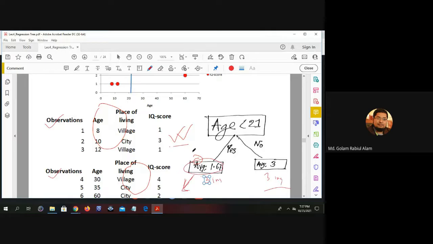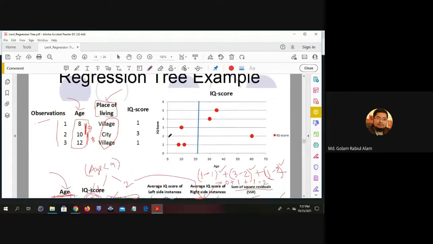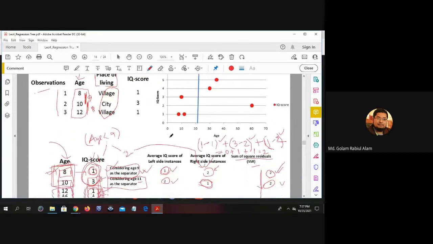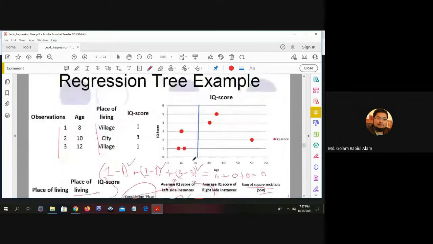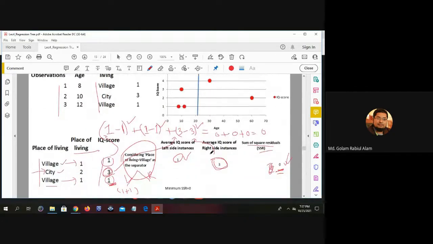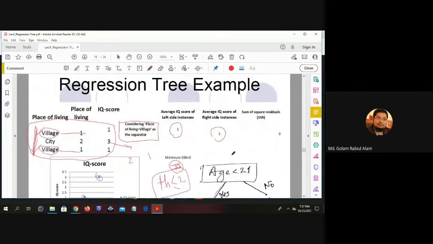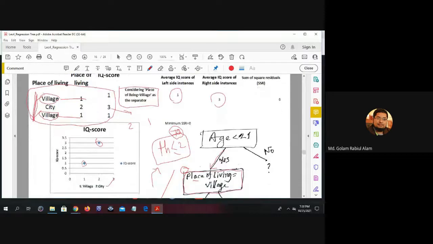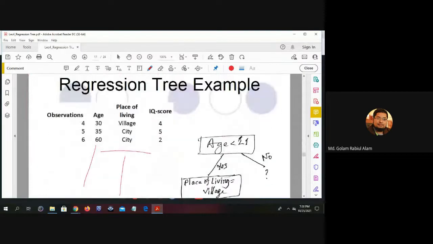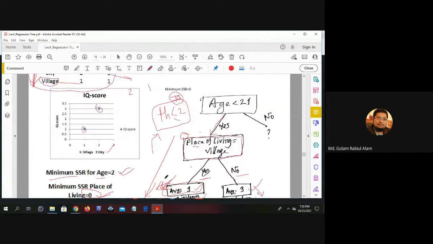So if the threshold is 3, then I can stop here. But in my case, I use the threshold 2. That means I stop expansion of the tree when I reach only 2 instances. So I will not expand this part anymore.